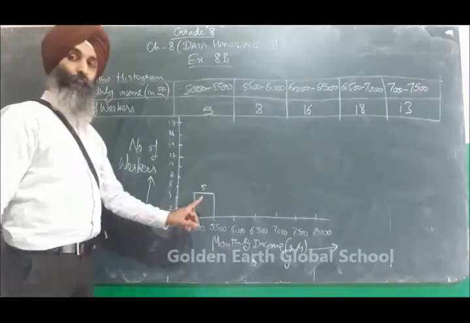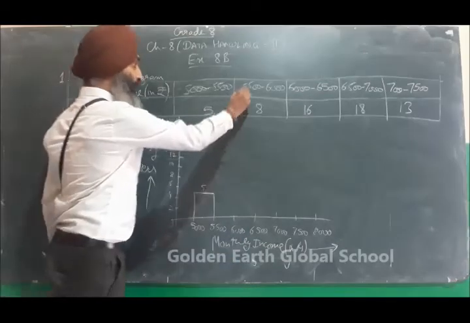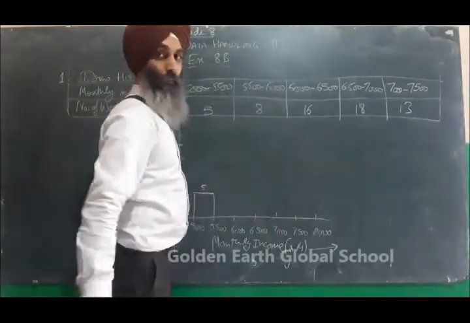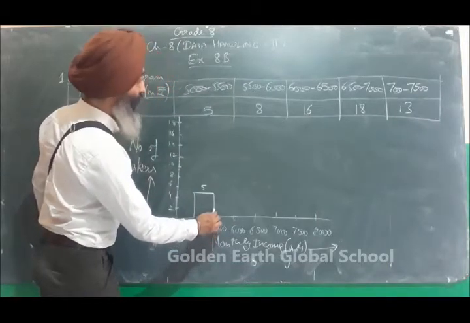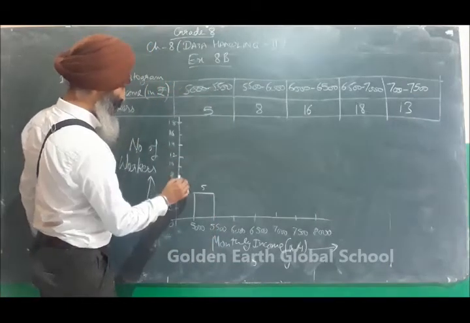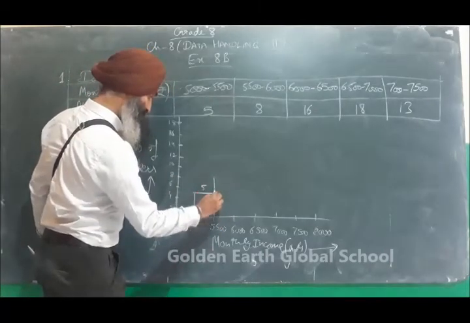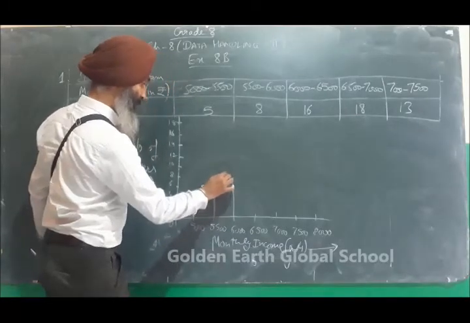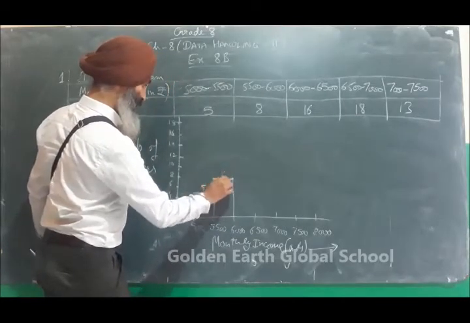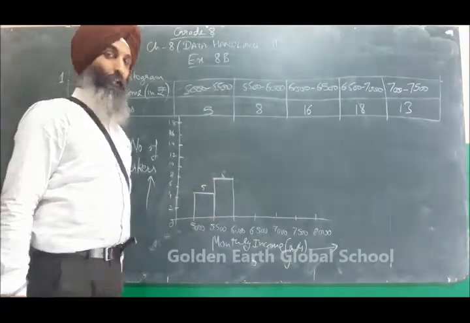So this is the first rectangle. Now the next rectangle is 5500 to 6000. You will start from this point and it goes up to 8. So go up to 8, up to 6000. So it is 8 workers. So this is the next one.